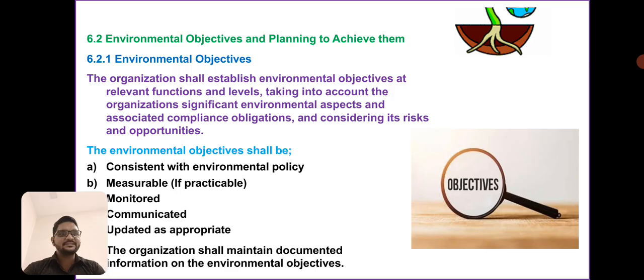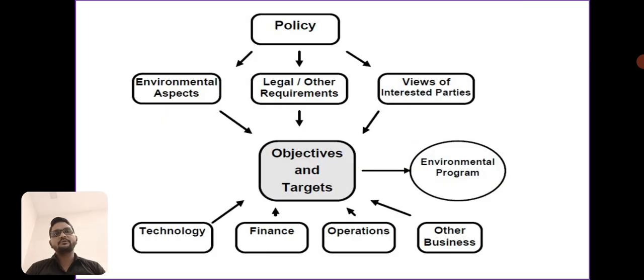The organization shall establish environmental objectives at relevant functions and levels, taking into account the organization's significant environmental aspects and associated compliance obligations, and considering its risks and opportunities. The environmental objectives shall be consistent with the environmental policy, measurable, monitored, communicated, and updated as appropriate. We need to maintain documented information on environmental objectives, or environmental KPIs, or quantifiable characteristics or criteria.